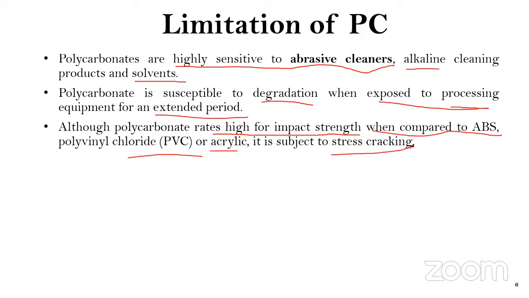The impact strength of PC is quite high compared to ABS, acrylonitrile butadiene styrene, which we will study after this slide. PC has better impact strength, but it has a limitation in stress cracking.